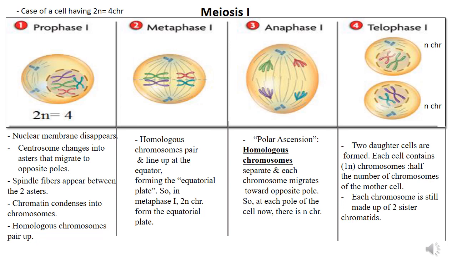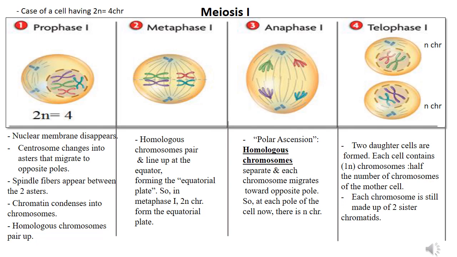What happens in the next phase, in metaphase 1? You know that metaphase is characterized by the equatorial plate. Is it the case here? Yes, you can see chromosomes forming the equatorial plate. But is it like in mitosis?